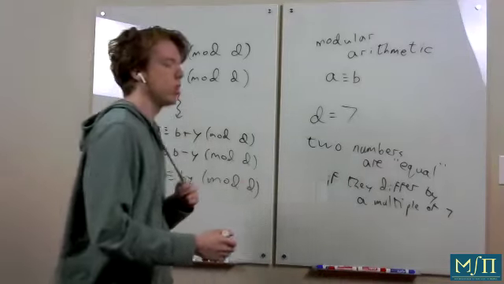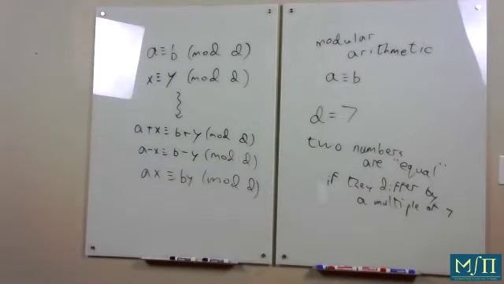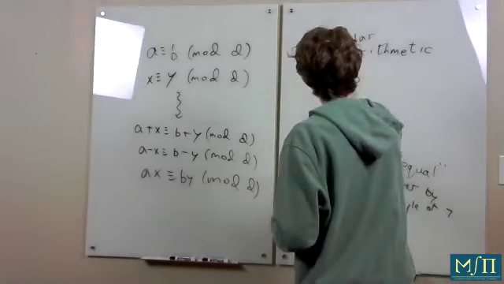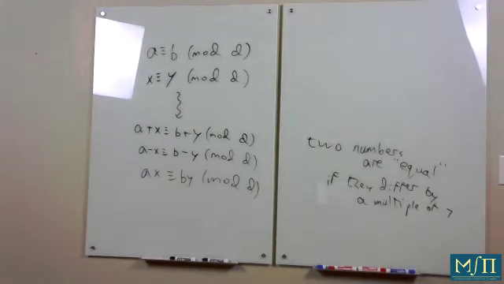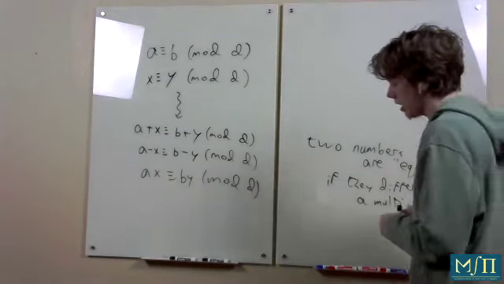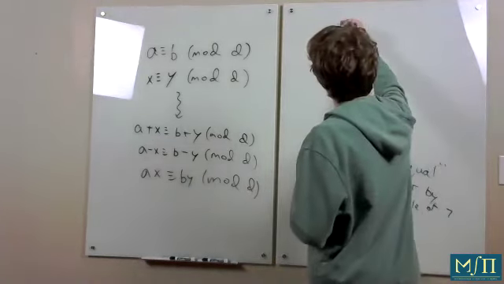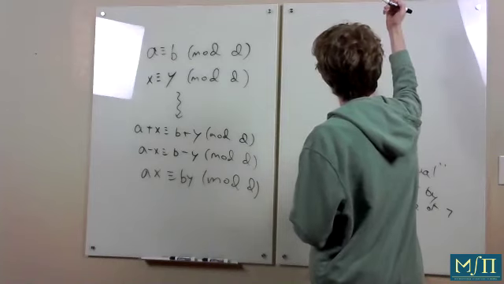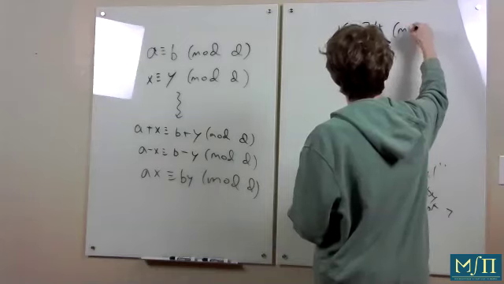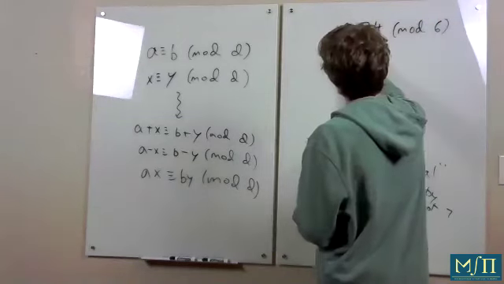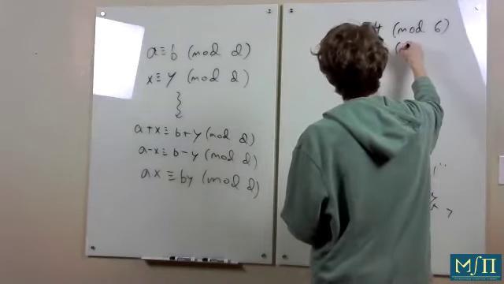Okay, for example, modulo 6, you have 16 is congruent to 34 mod 6, and 8 is congruent to 2 mod 6.